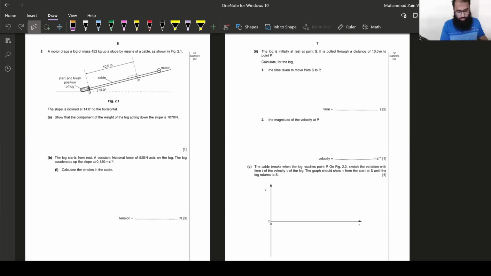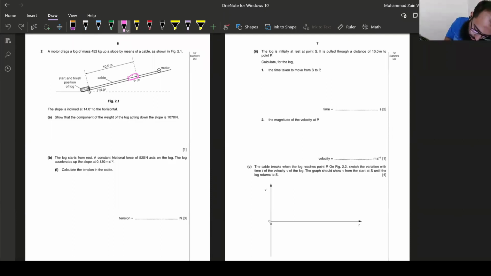Okay, so we just apply the simple formula, which you all are supposed to know, that whenever it's an object like this, at an inclined angle, this has two components involved.